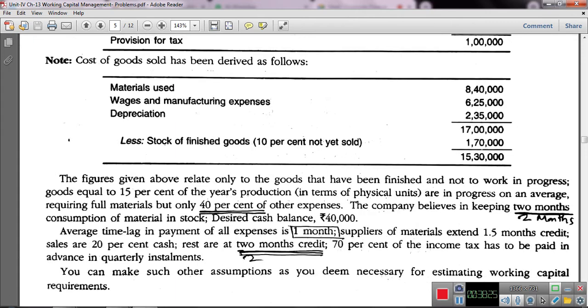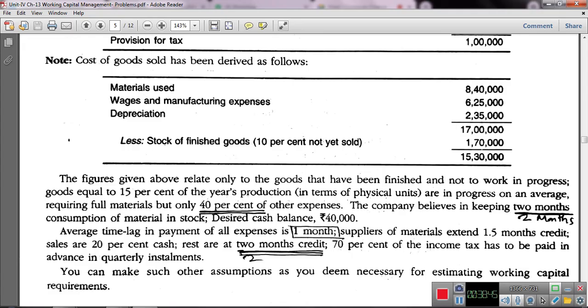Okay, so it is in rupees. That is the amount which is total number of units, that is budgeted production, or number of units purchased into raw material cost per unit, is equal to 8,40,000, which is given.